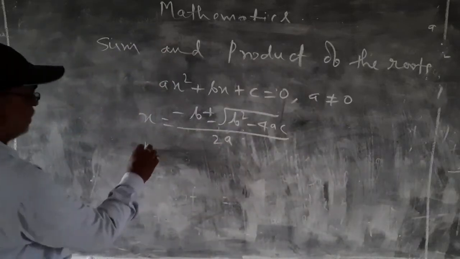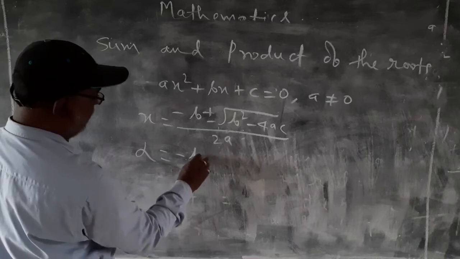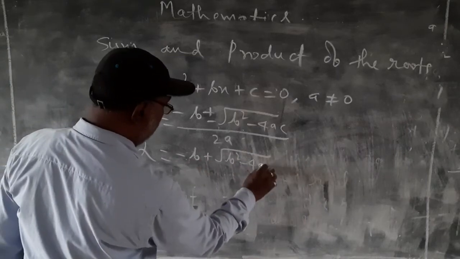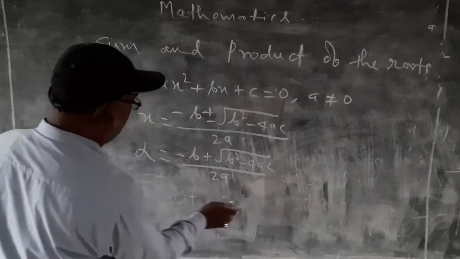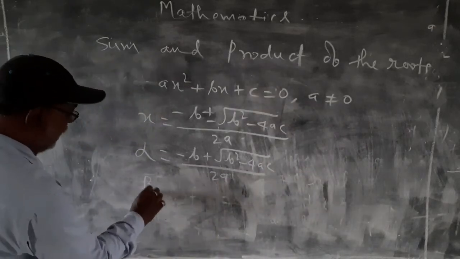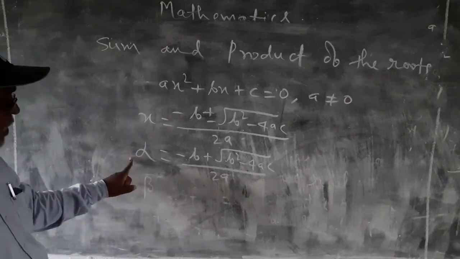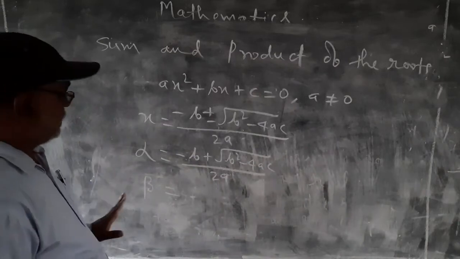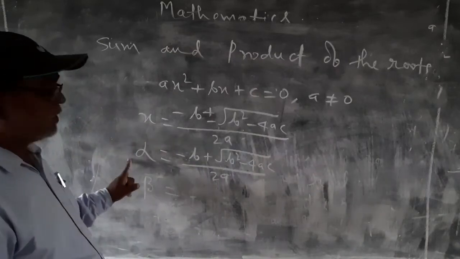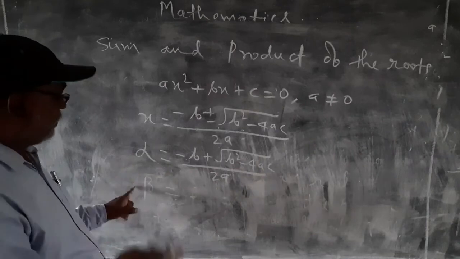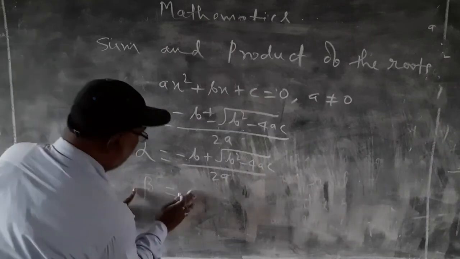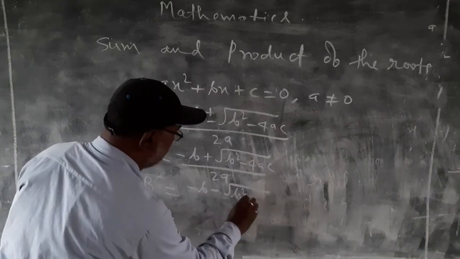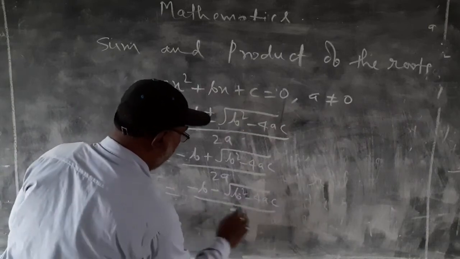So one of the roots is considered alpha: minus b plus root of b square minus 4ac by 2a, and the other root is considered as beta. This is the symbol of alpha, this one beta. Actually alpha and beta are the values of x. Since there are two values, one is considered as alpha and the second one is considered as beta. Now beta is minus b minus root of b square minus 4ac by 2a.